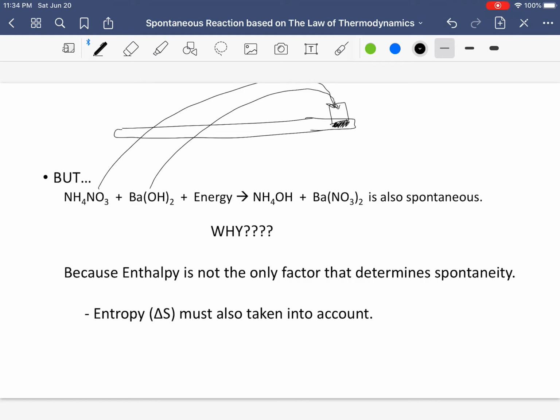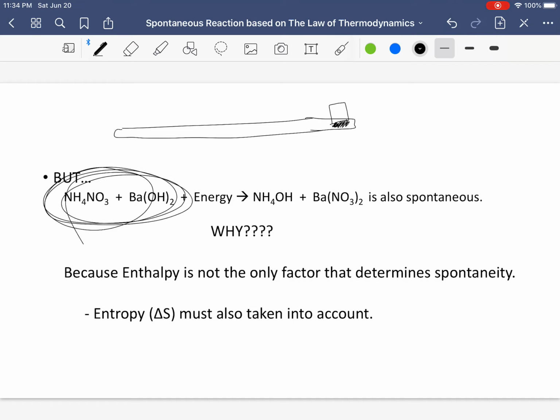So why would I want to do that? It's because when these are mixing, it actually takes energy from the surrounding and uses it. So as you can see, energy is on the reactant side, meaning that this reaction is endothermic. What does that also mean?